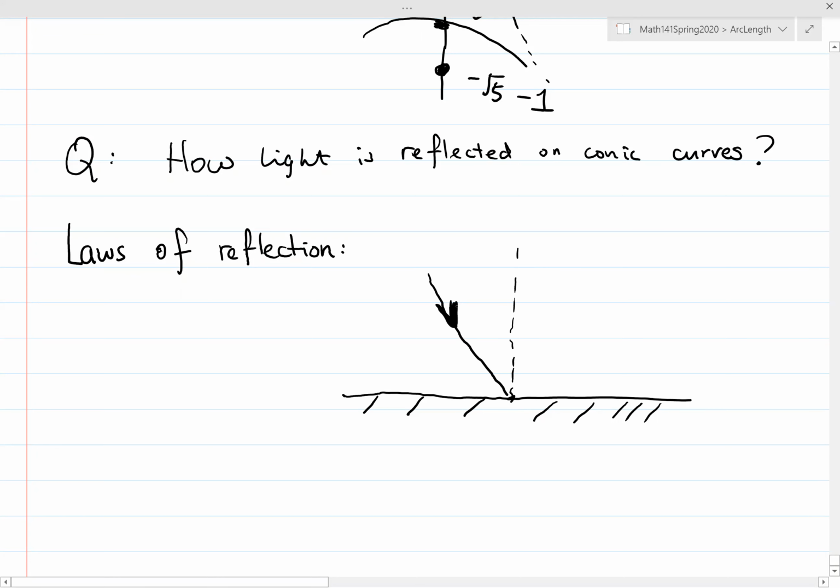It's hard to plot a surface in the plane. This ray is called the incident ray. Then we see how light is reflected. This dotted line is called the normal line.